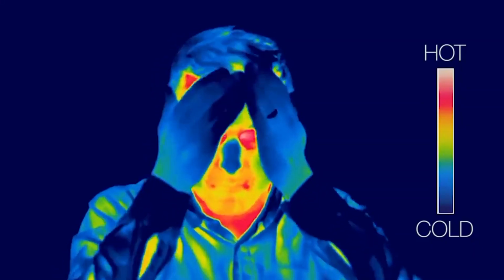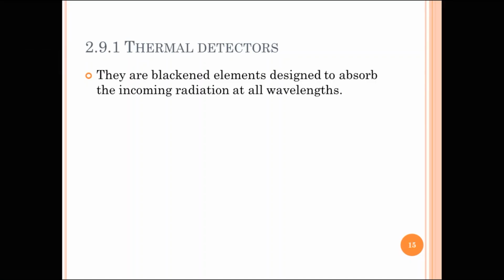This is how the thermal images are seen, in which hot items are represented in red and cold items are in blue. Thermal detectors are blackened elements designed to absorb a maximum of the incoming radiation at all wavelengths. The absorbed radiation causes the temperature of the detector to rise until equilibrium is reached with heat losses to the surroundings.